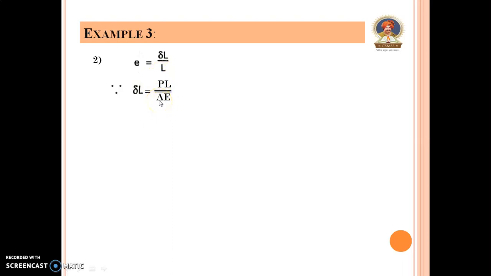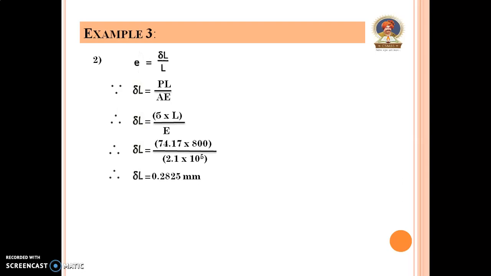Therefore the equation becomes delta L is equal to sigma into L upon capital E. Therefore put the value of stress, length and Young's modulus here. So the equation is delta L is equal to 74.17 into 800 upon 2.1 into 10 raised to 5. So delta L is equal to 0.2825 mm.